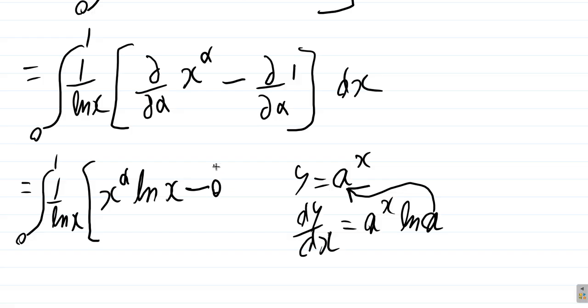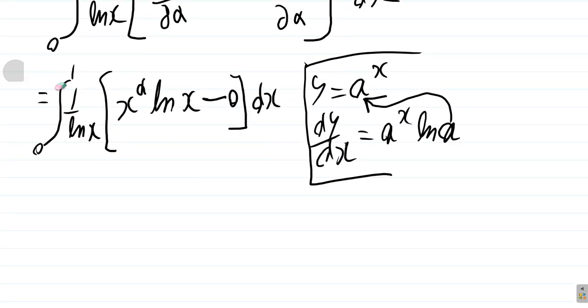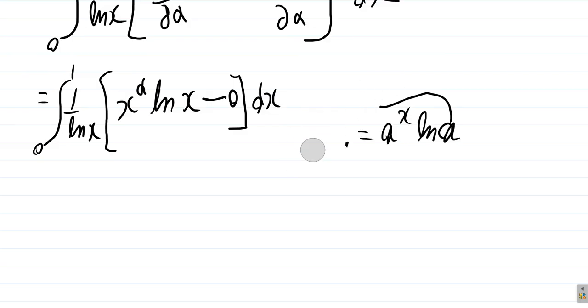It's 0. Dx. Okay. Now remember, this isn't a part of the working, it's really rough work. I'll just erase it. Just make a note of it. So remember, when you have y equal a to the x, then dy by dx is a to the x ln a.